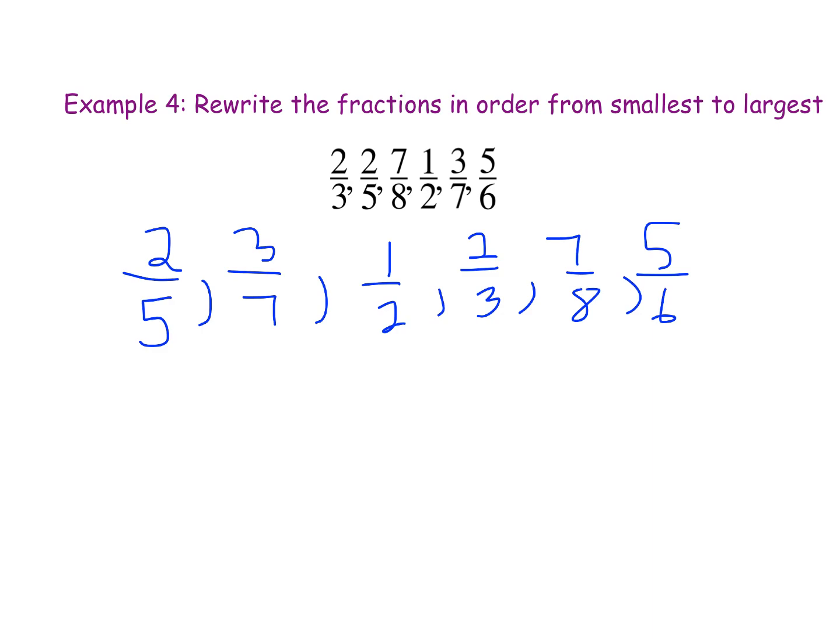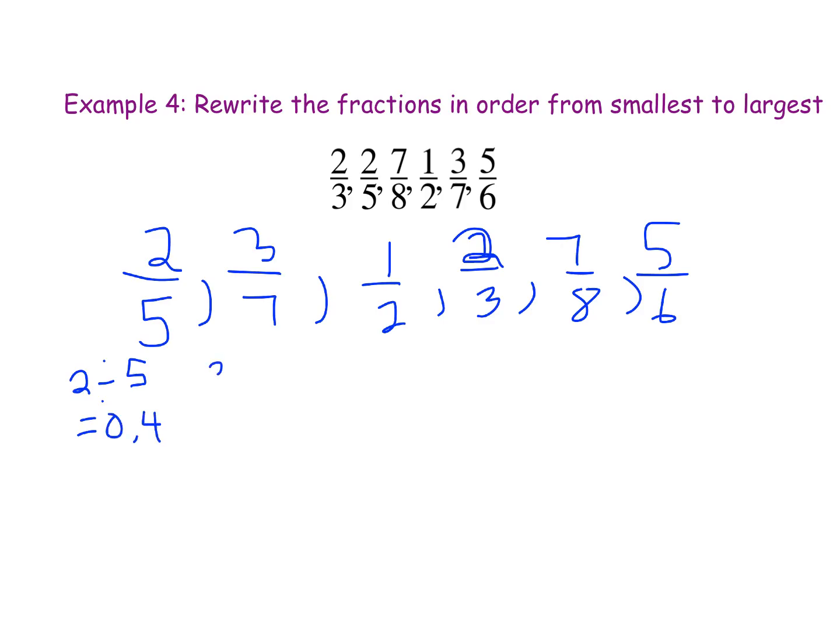So what else can we do to sort these fractions in a more meaningful way? Sorry, this is a 2 here. Well, one thing we could do is get our calculators out and put in 2 divided by 5 equals 0.4.